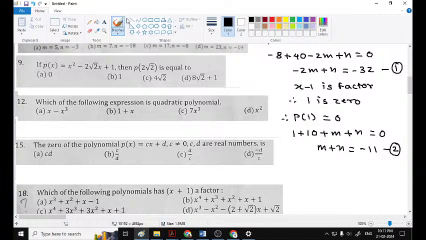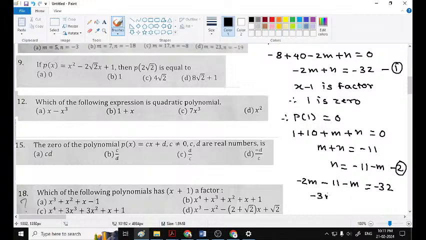Now let us simplify this for n. n is minus 11 and this transposed m is minus m. Now let us put this value of n here. Minus 11 minus m is equal to minus 32. These are like terms, they have same sign.